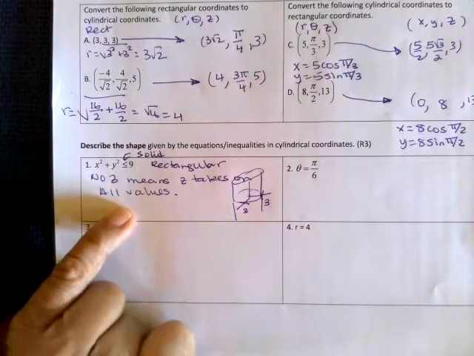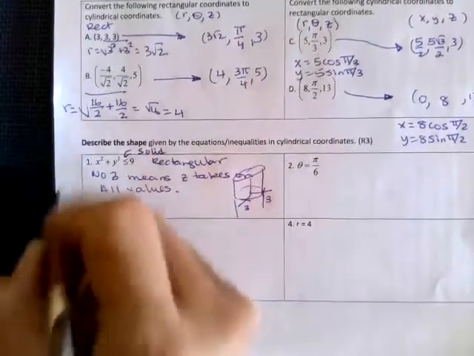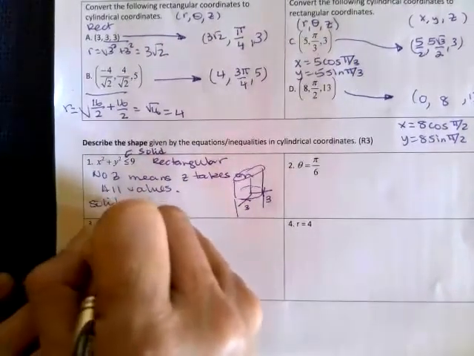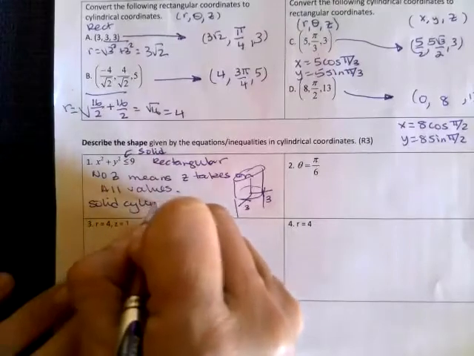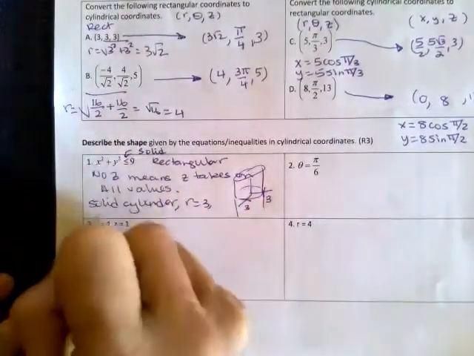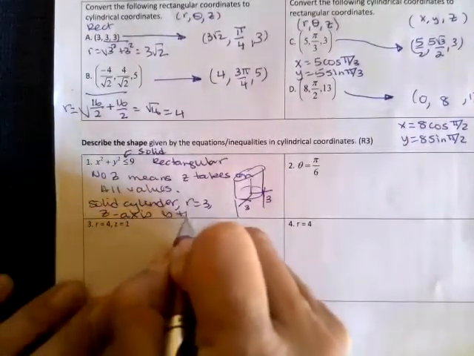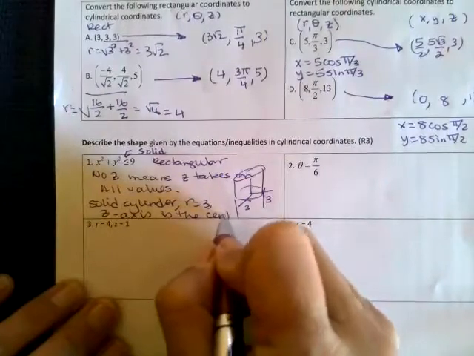So it's symmetric with respect to the z-axis. Okay, so this is the solid cylinder, radius 3, z-axis is the central axis.